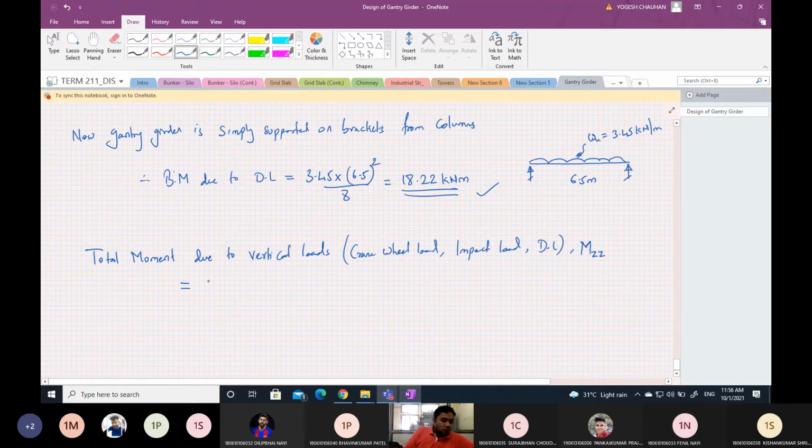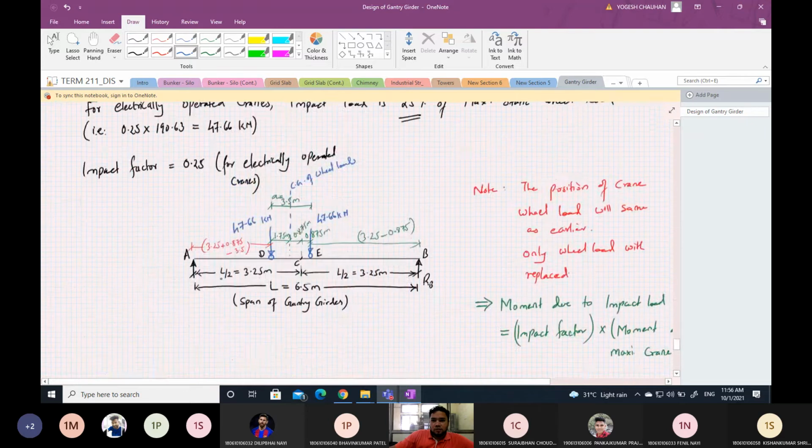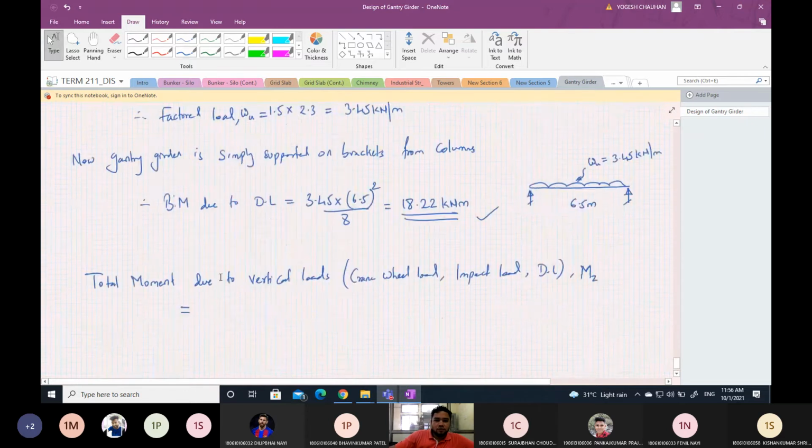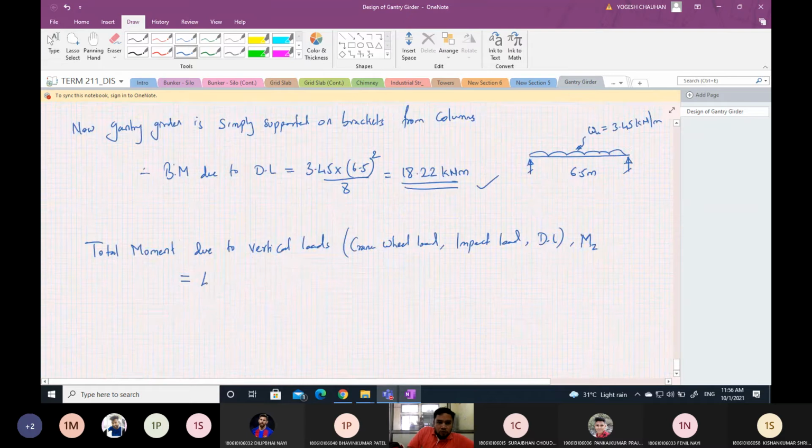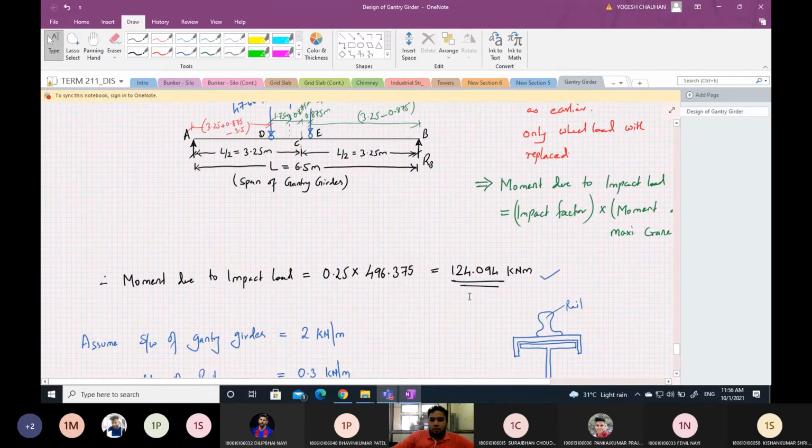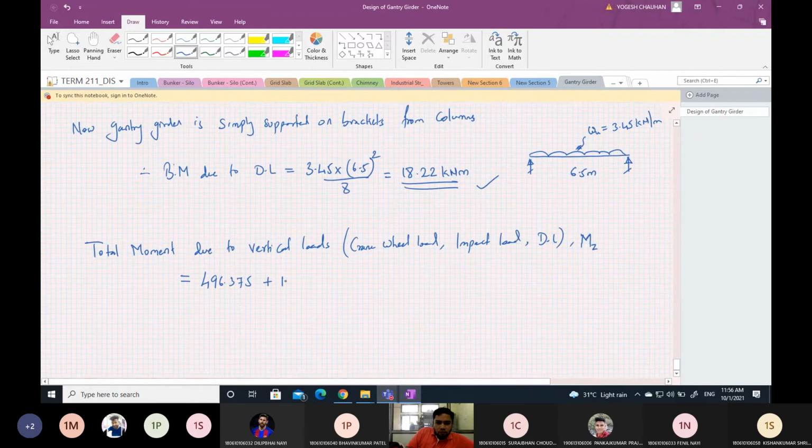So simply MZ will be equal to the sum of all these moments, that is 496.375 plus this moment 124.094 plus this 18.22, that will be equal to 638.689 kilonewton meter.